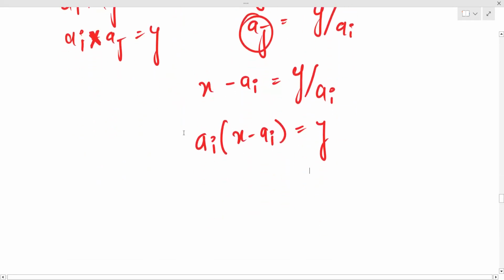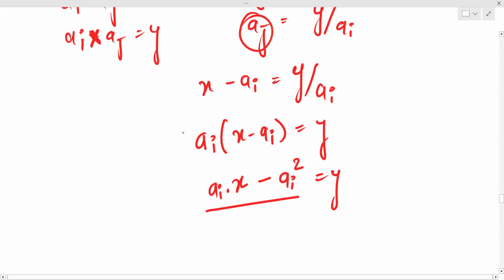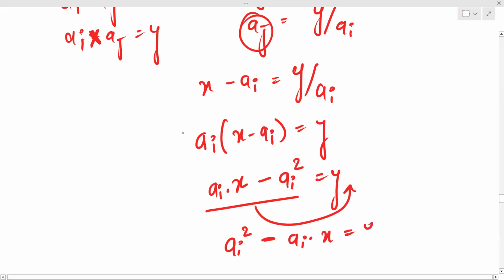Now if I further solve this, I'll get ai into x minus ai square is equal to y. If I bring this term to my right hand side, I'll get ai square minus ai times x is equal to y.